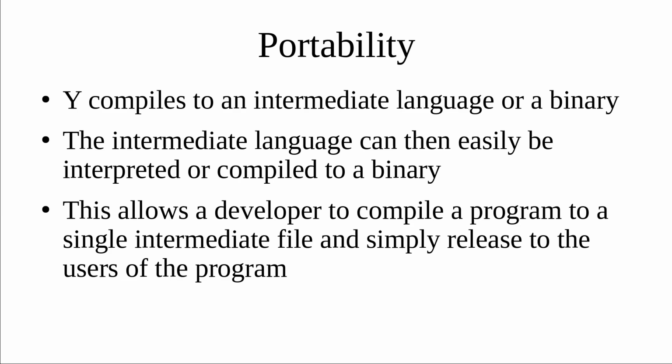But for the most part, the idea is if you're working on a program, you can compile to a single intermediate file and then just release to the users of the program, and then those users can just interpret it or compile it to a binary. Obviously you would want this as a developer, but as a user, in the YCI it's going to be really easy.